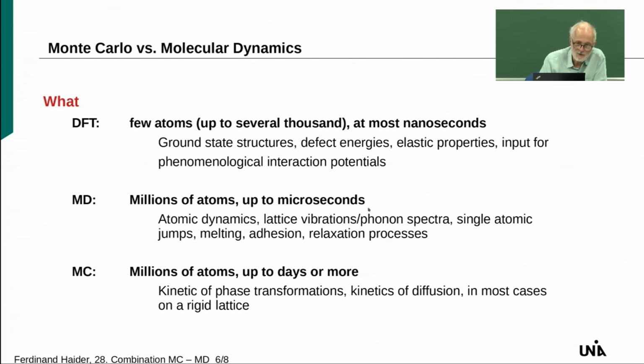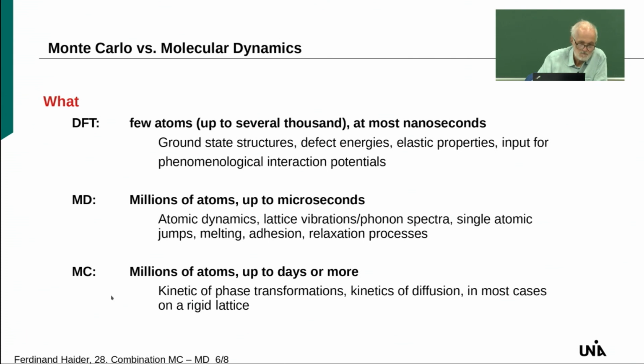And then what I did not add here, of course, from this you can go to even more coarse-grained models, like phase field, like finite element, like whatever you like. And these methods, MD and MC, can be used to generate input data for these continuum models.